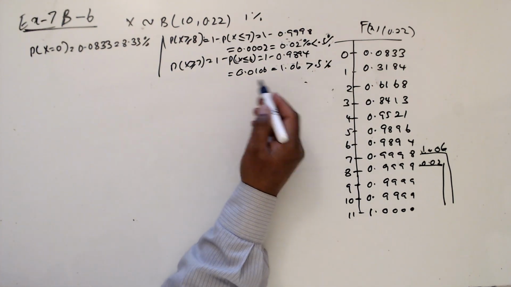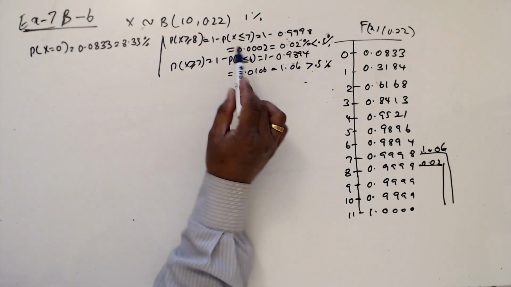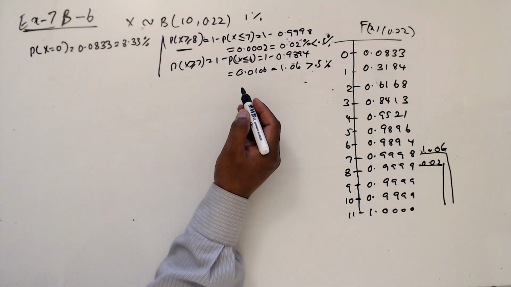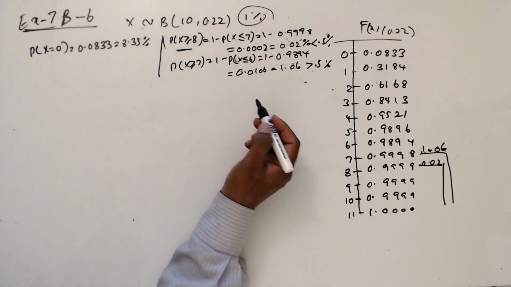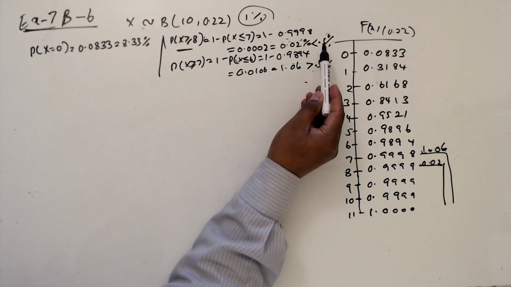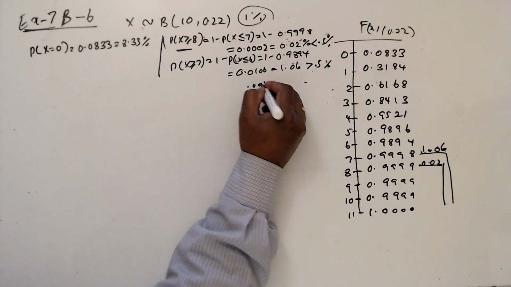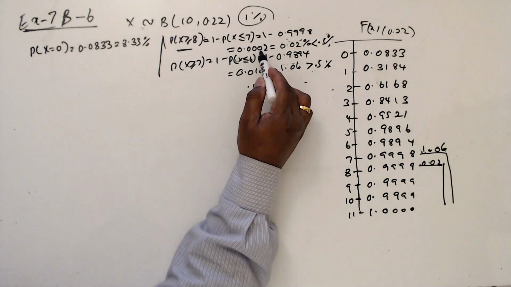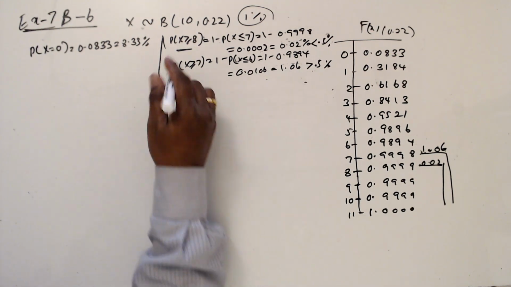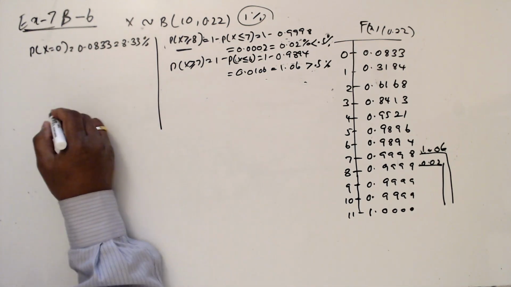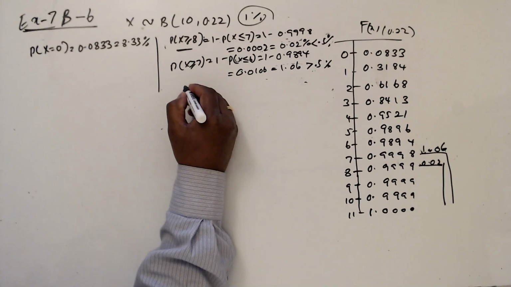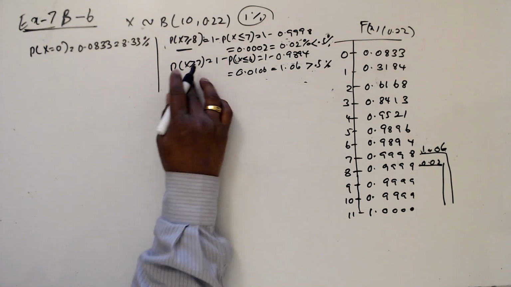So when you look at which one is closer to 0.5%, because 1% is the significance, you will see that this one is closer to 0.005 than that one. Then according to that, there is no critical region for this one, and there is a critical region for this one, that is x equal 8 onwards.